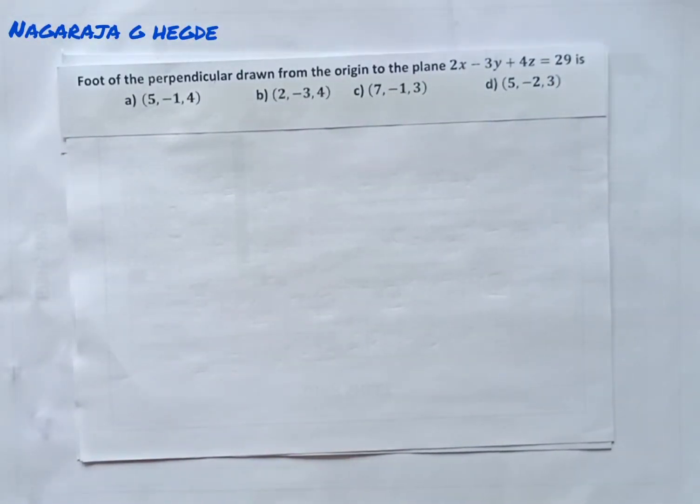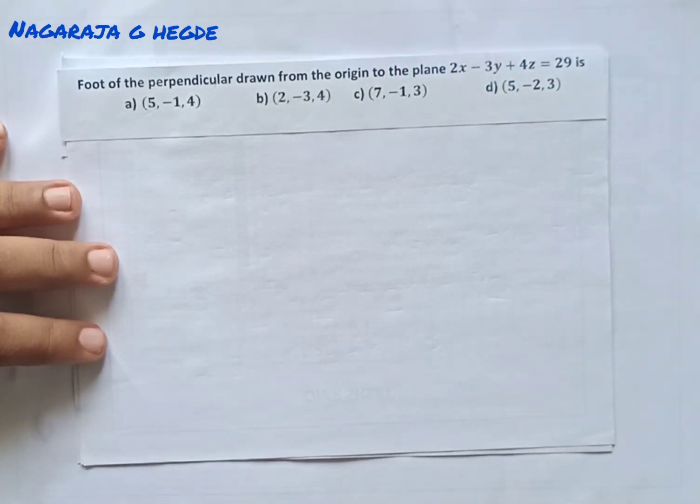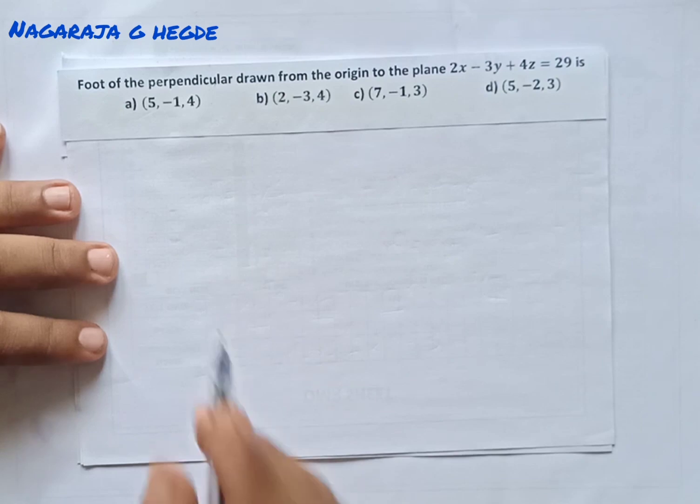Foot of the perpendicular drawn from the origin to the plane 2x minus 3y plus 4z equal to 29 is. There is a formula.